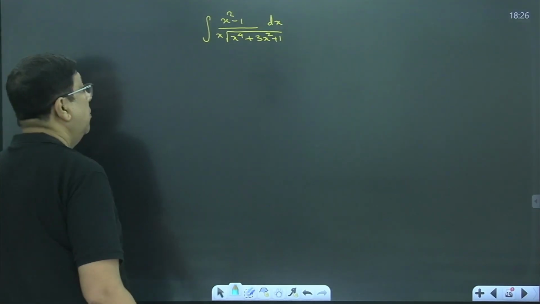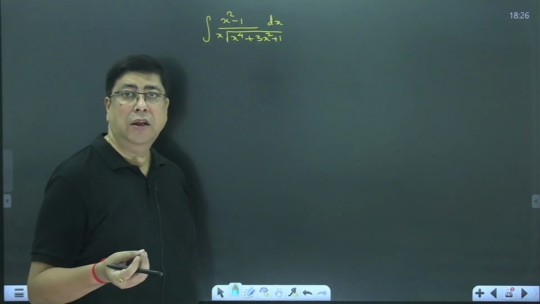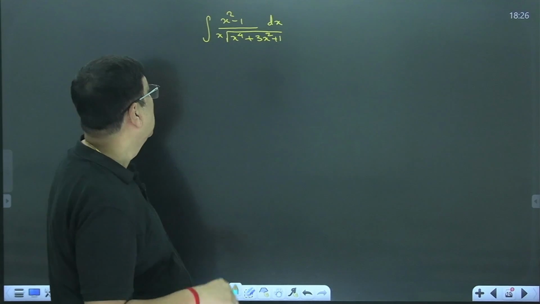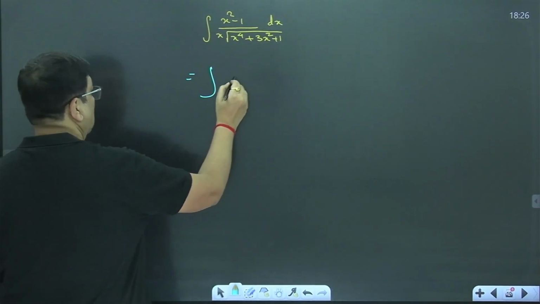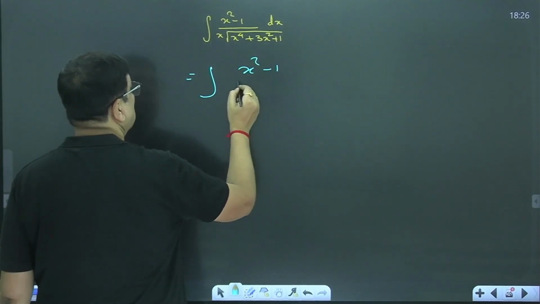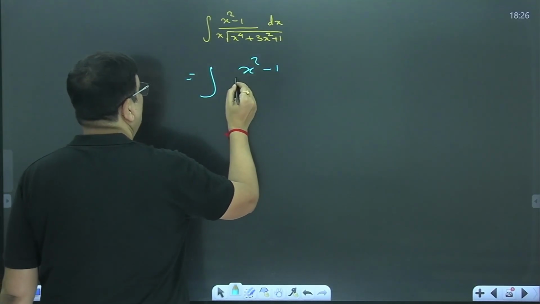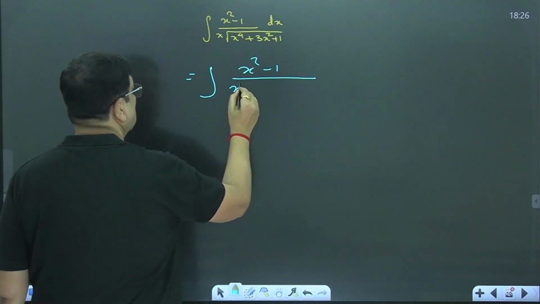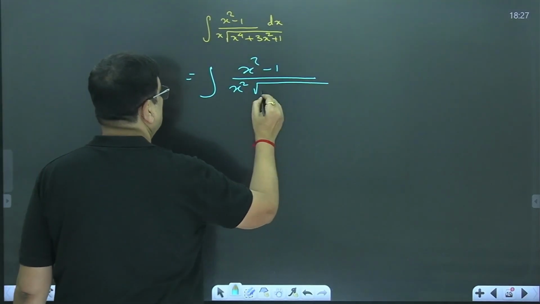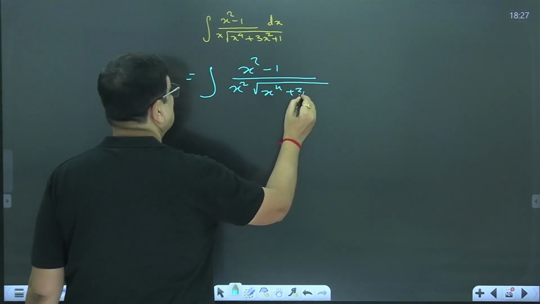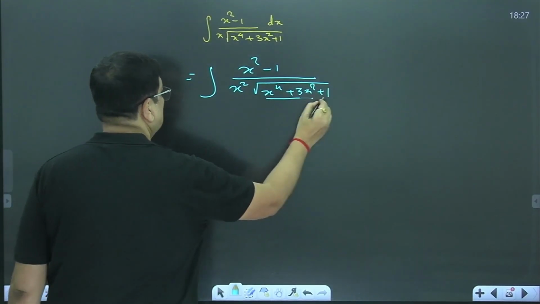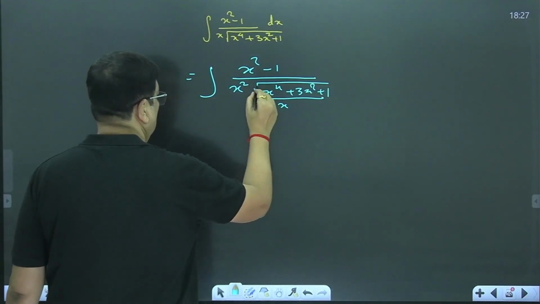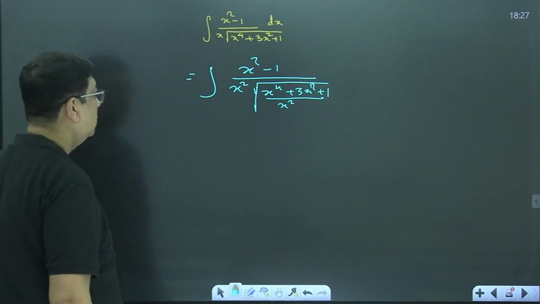So based on the root tan x integration, let us solve this sum. What will we do? x square minus 1. So I am just writing here x square, x to the power 4 plus 3x square plus 1. So I have taken an extra x balanced by x square.